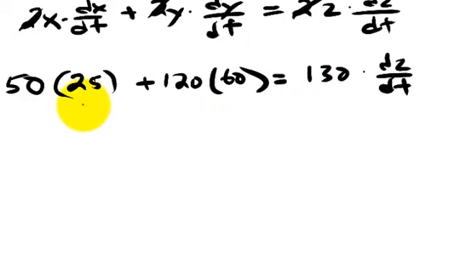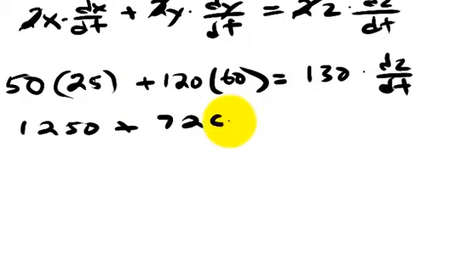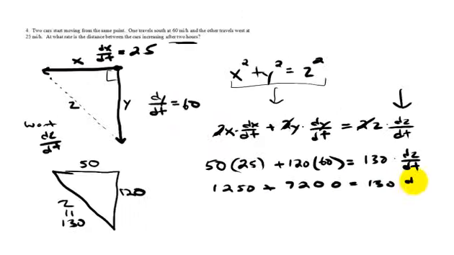So 50 times 25 is 1250. 120 times 60 is 7,200. Alright, so then my left-hand side becomes 8450.